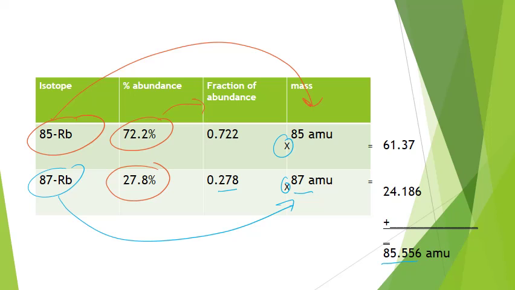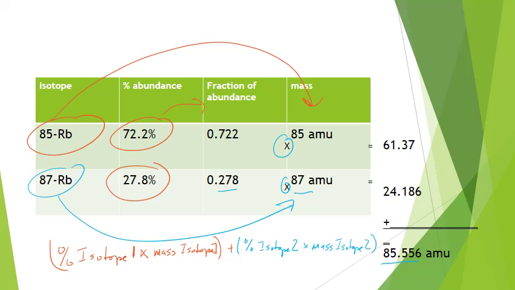So that means our equation is the percentage of isotope 1 times the mass of isotope 1 plus the percentage of isotope 2 times the mass of isotope 2, and then dot, dot, dot.